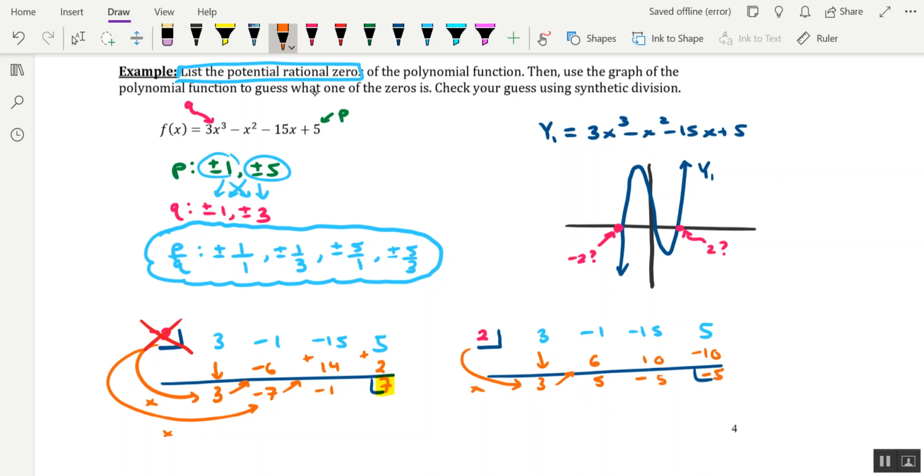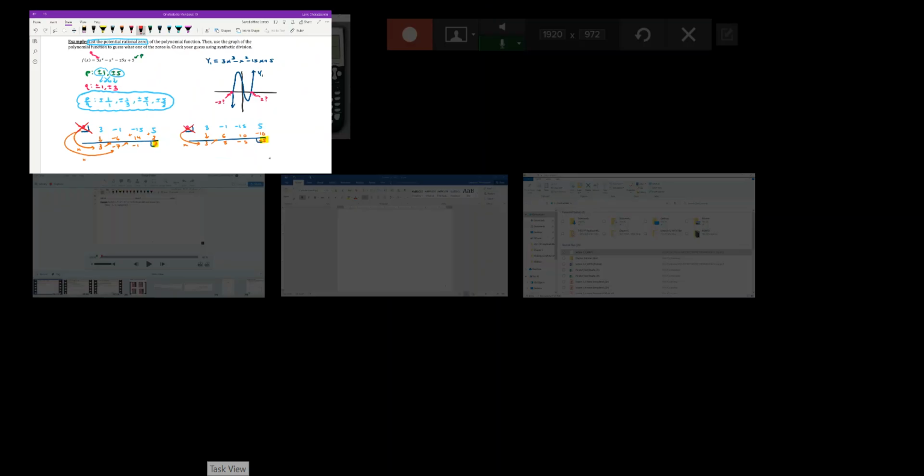And this gives us a remainder of negative 5. So 2 is not an x-intercept, nor is it a real 0. We have one more shot at this.